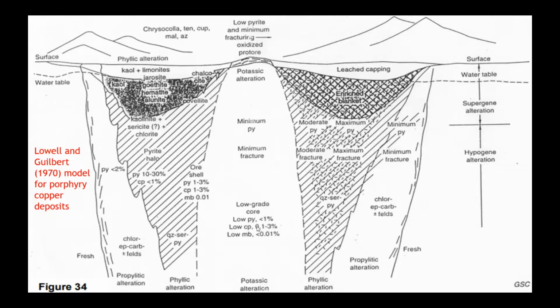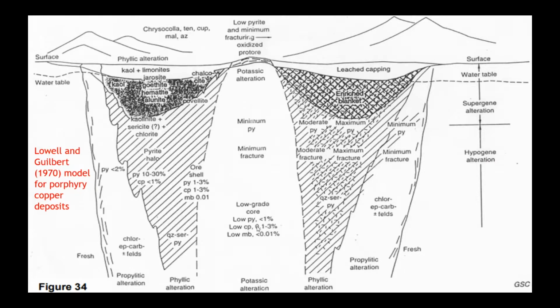Now, hypogene copper sulfide mineralization is characterized by chalcopyrite. Although, if you see bornite in your core or when you're out in the field, that occurs when the sulfur activity is low and is usually indicated by the absence of pyrite. So again, this is another application where a field spectrometer comes into play.